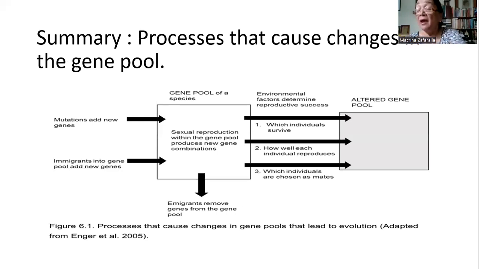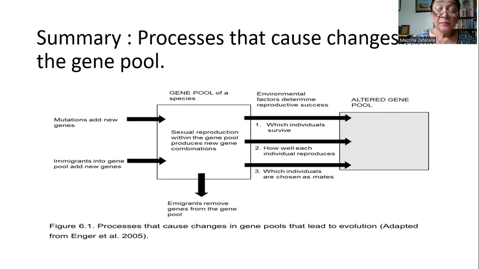Now let's take a look at the processes that cause changes in the gene pool. We have this figure in the very last page of your study guide 6. We look at this figure starting from the left-hand side. We see that mutations add new genes. Immigrants into the gene pool add new genes. So the gene pool of a species is changed by sexual reproduction within the gene pool that produces new combinations. Emigrants remove genes from the gene pool.